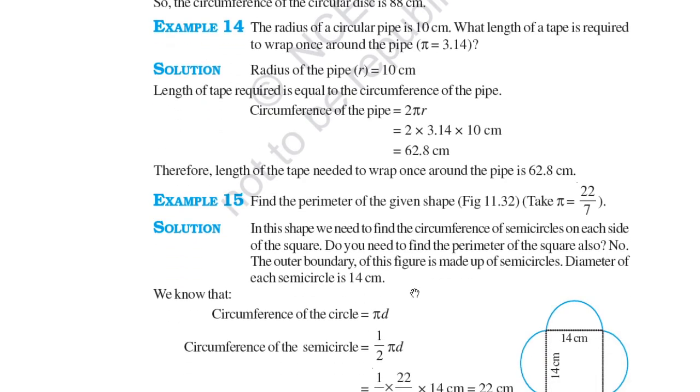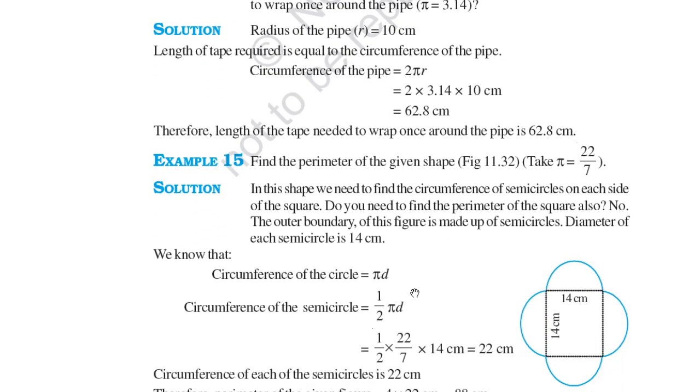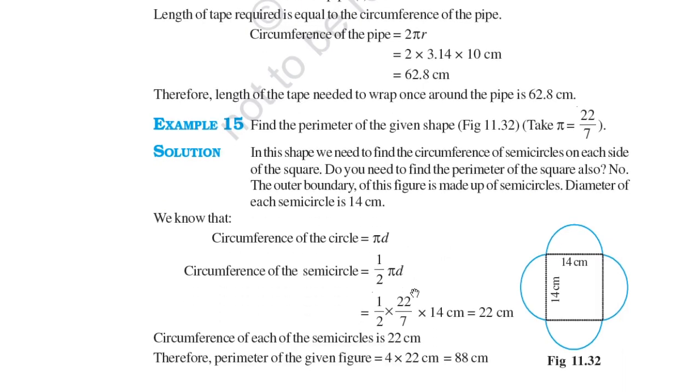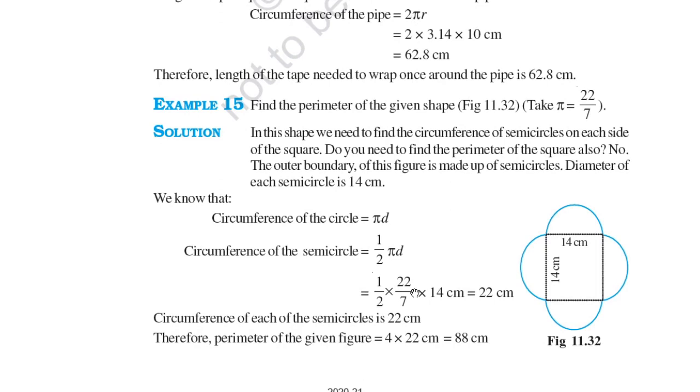Example number 15. Find the perimeter of the given shape. You can see here, take pi is equal to 22 by 7. In this shape, we need to find the circumference of a semicircle on each side of the square. Do you need to find the perimeter of the square also? No. The outer boundary of this figure is made up of semicircles.